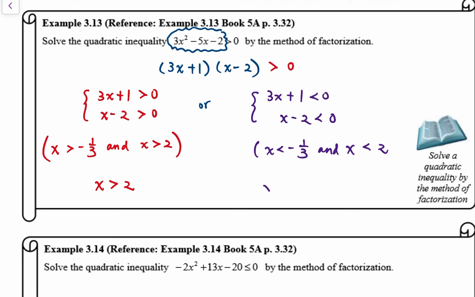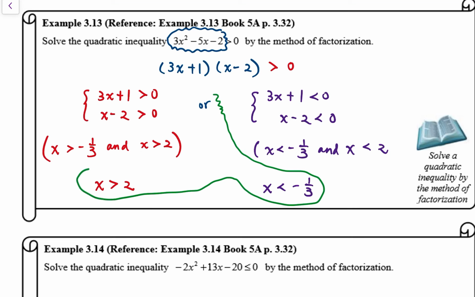So we get x less than negative 1 over 3. Combining these two inequalities connected by or, the solutions are x less than negative 1 over 3 or x greater than 2.